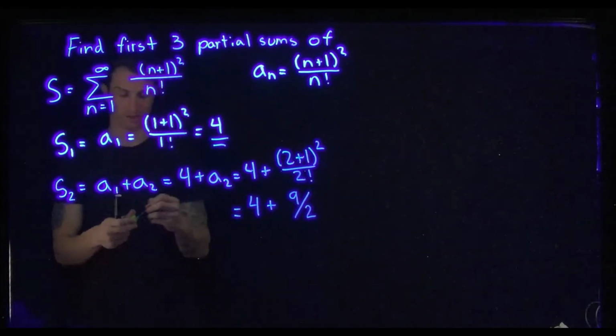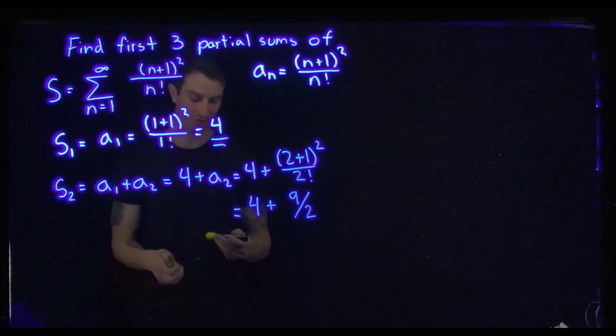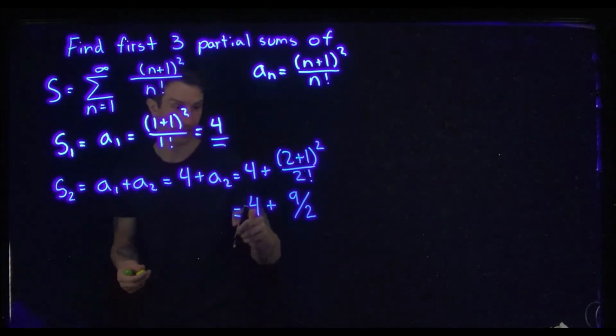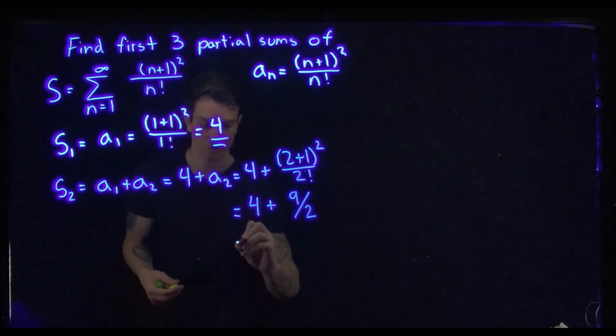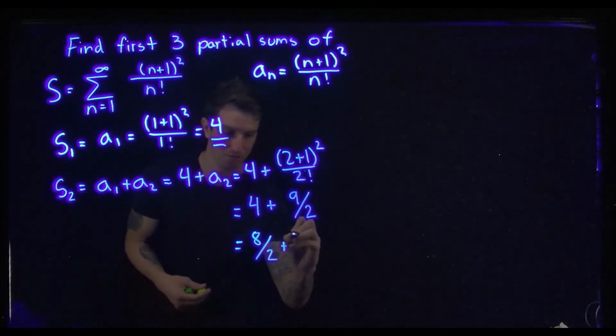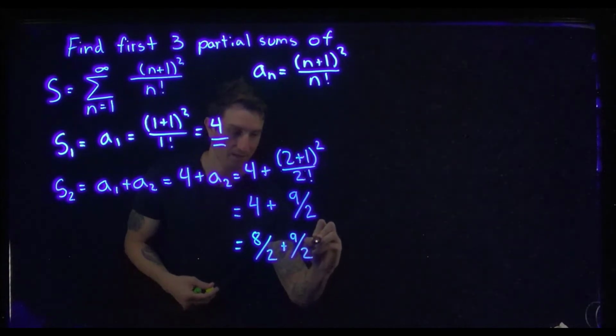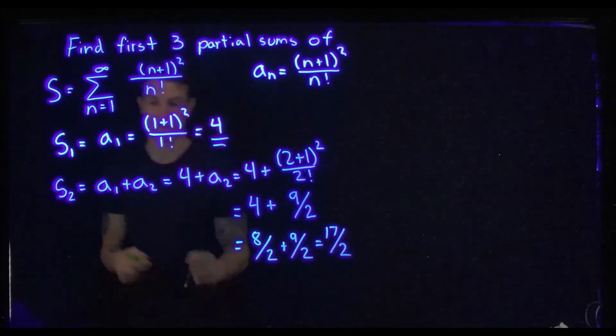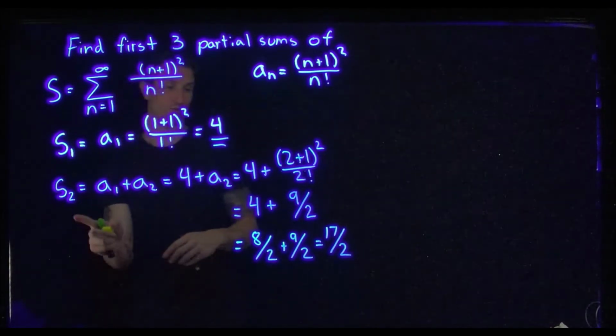Then we start dealing with fractions, which is always fun, so we need a common denominator of 2. So we have 8 over 2 plus 9 over 2, and that gives us 17 over 2. Again, this is the sum of A1 plus A2 for our partial sum.